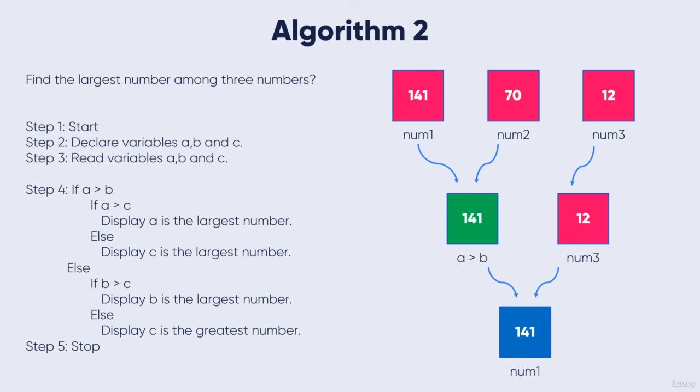We need to cover all the cases inside a good algorithm in order not to have bugs or errors when running the program. So if B is greater than A, then proceed. If B is greater than C, then display B is the largest. Otherwise, C is the greatest number. And step number 5, stop the program.